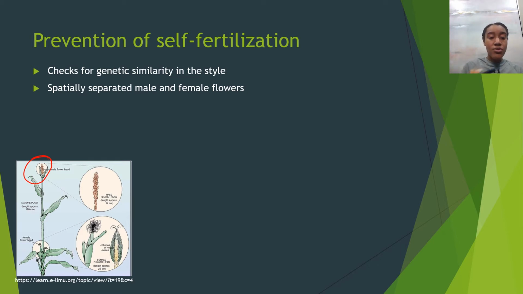And then below, the part that we normally associate with being corn, which is down here, are the female structures, which house the egg and things like that. So you decrease the chances of self-fertilization if the anthers and the ovaries and the stigmas are spatially separated.